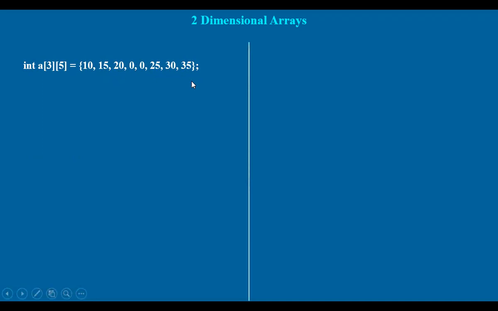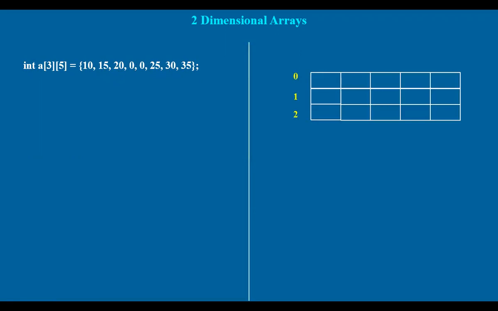Let us see how. You take the locations of this array called A, and the elements stored here are like this: 10, 15, 20 in the first row, and the remaining 3 here. The zeros are kept in the 4th and 5th columns, and all the other cells are also zeros.